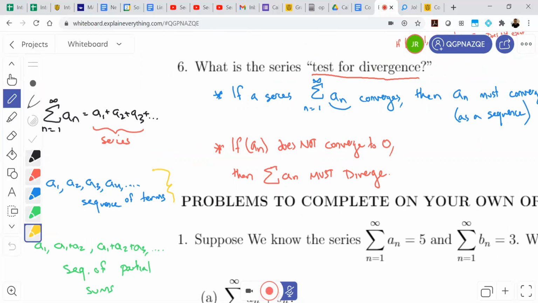It is simply looking at the sequence of terms as a sequence, and then the series as a series, and saying that if the top one converges, if the series converges, then the bottom one not only converges, it must converge to 0. And contrapositively, if the bottom one does not converge to 0, then the top one cannot converge. The top one must diverge.